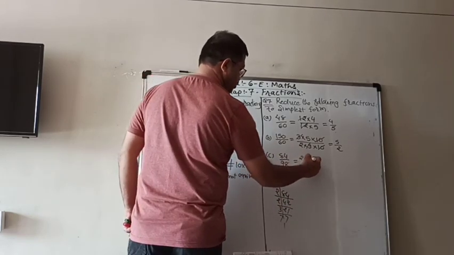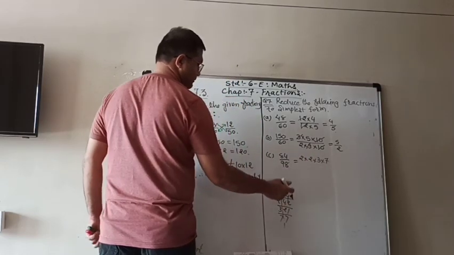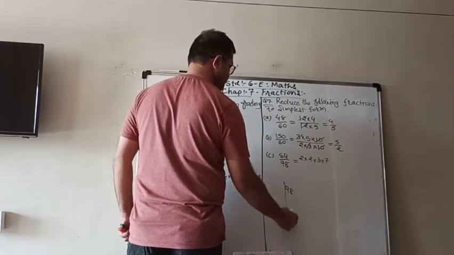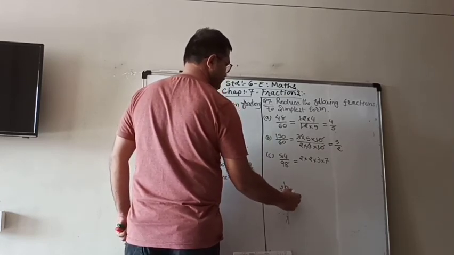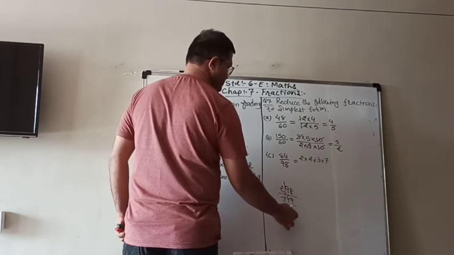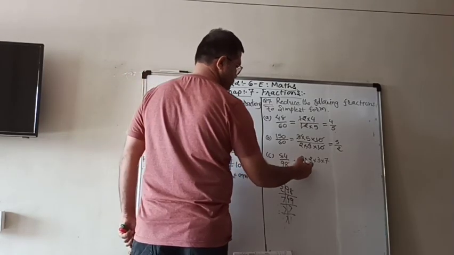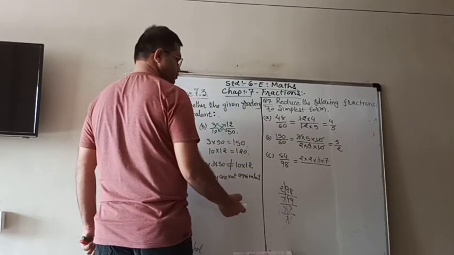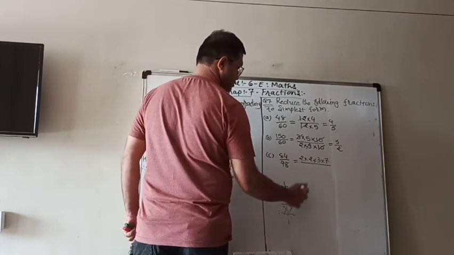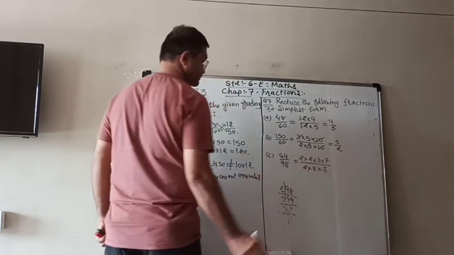So 2 multiplied by 2 multiplied by 3 multiplied by 7, and then 98 is 2 into 49, 7 sevens are 49, and 7 ones are 7. So 2 into 7 into 7.